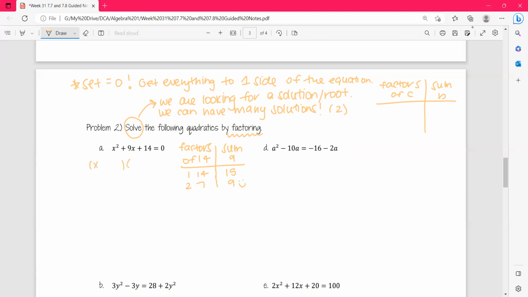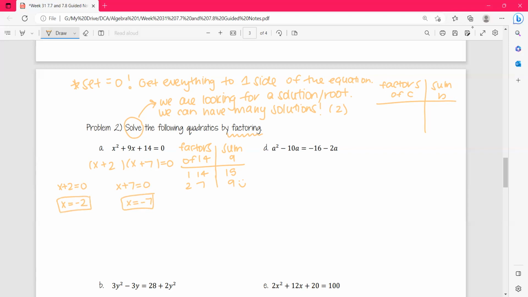I have x and x equals 0. The 2 and the 7 go right in the binomials. This should look familiar to what we did earlier in chapter 7. Once we have 2 factors multiplied together set equal to 0, that's when we create 2 equations and solve both of these equations for x.